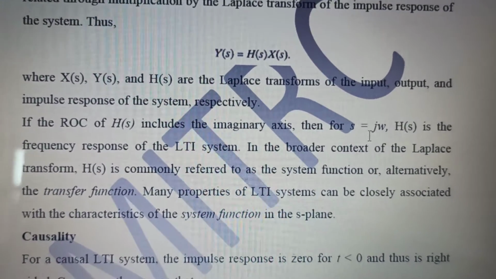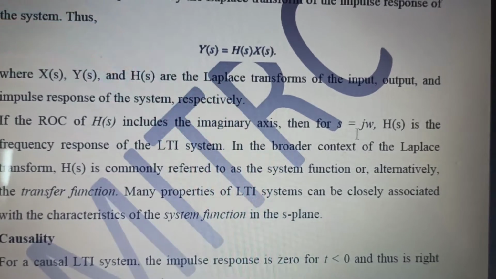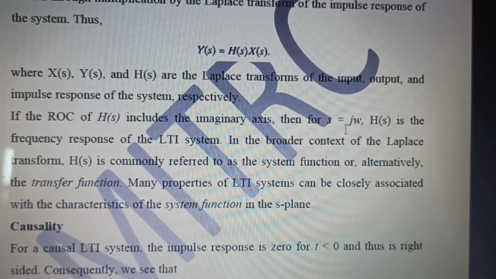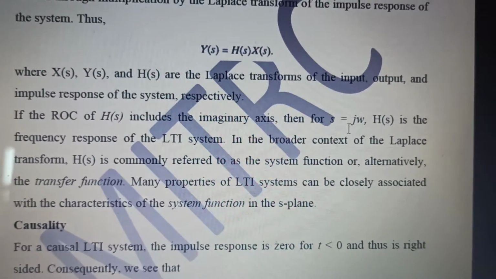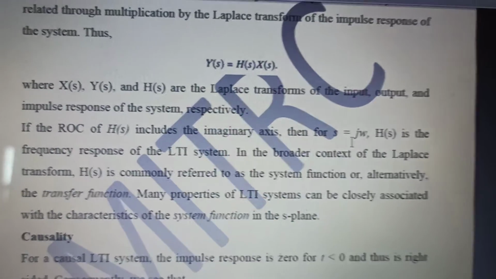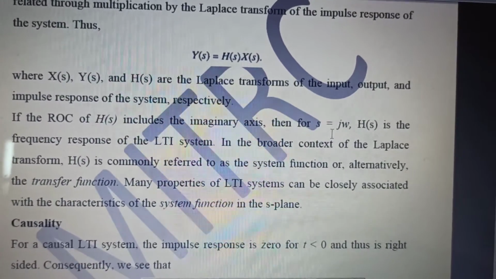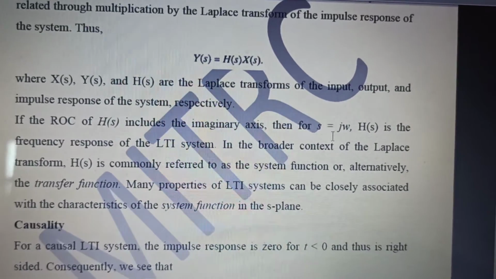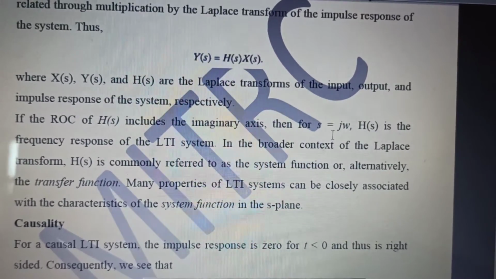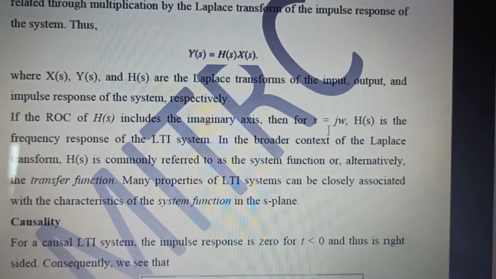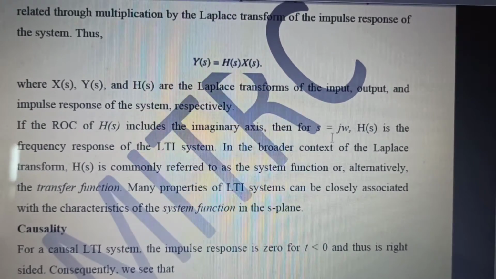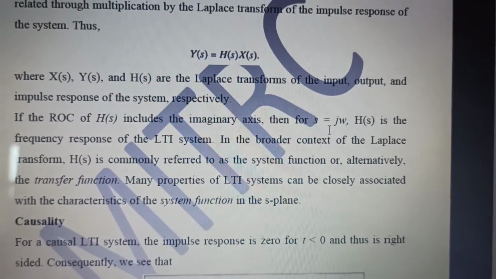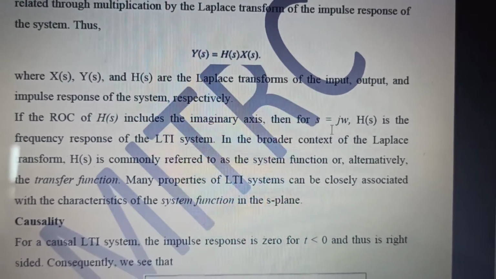One thing is very important, that the ROC of this H(s) should contain the j omega axis. If we now put s equals j omega, then H(s) is the frequency response of the LTI system. So H(s) can also be referred to as a transfer function, that is the output divided by the input, provided that the ROC of H(s) includes the j omega axis.